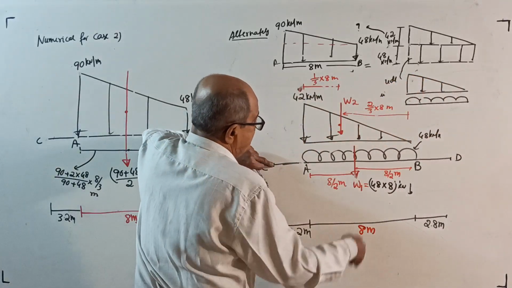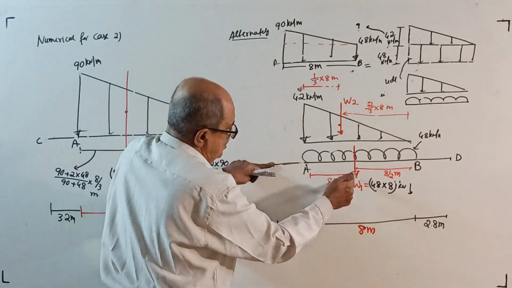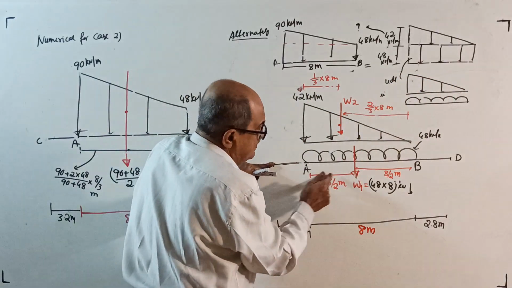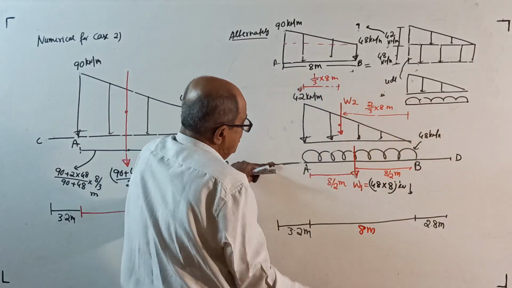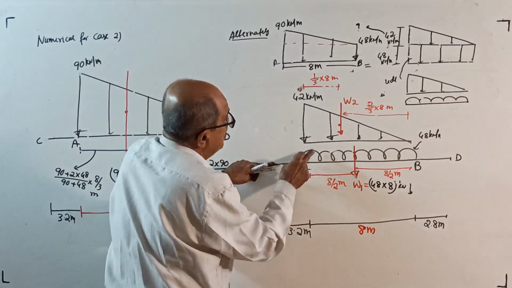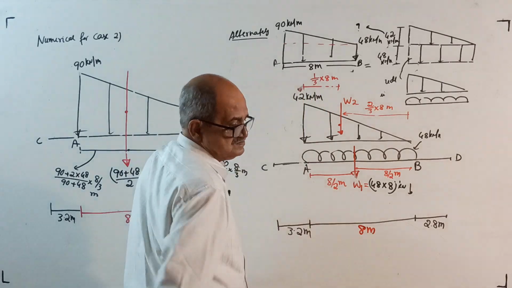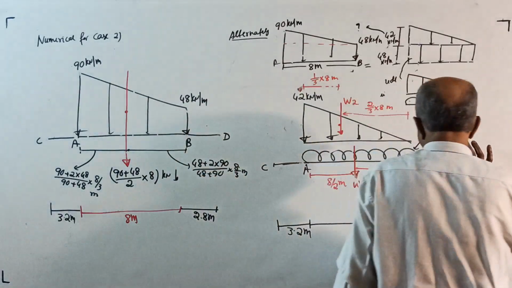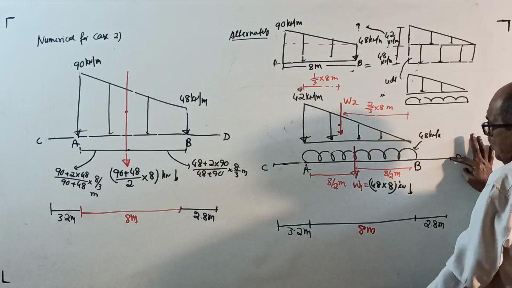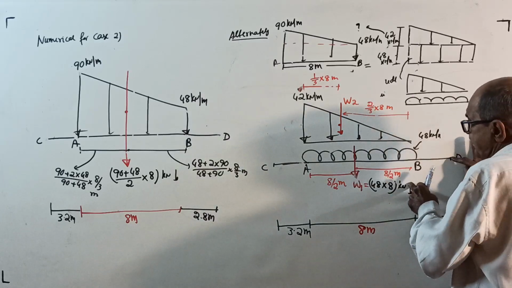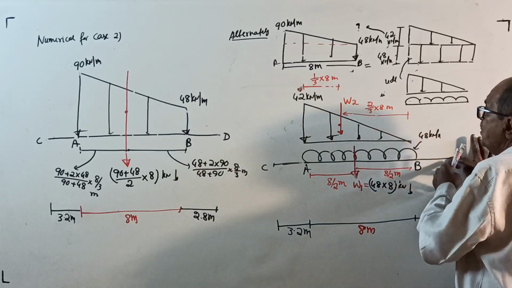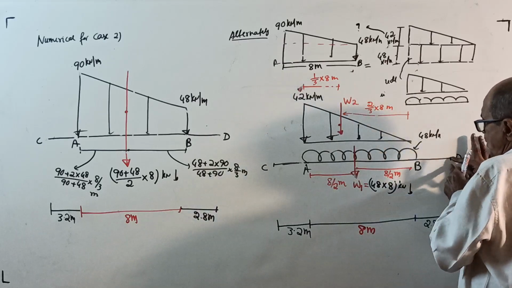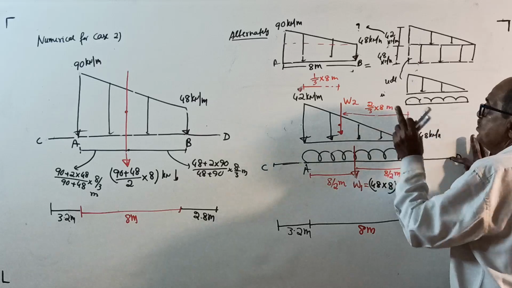Moment about C: this load into 3.2 plus 8 by 2, plus this load into 3.2 plus 1/3 of 8. Moment about D: this load into 2.8 plus 8 by 2, plus this load into 2.8 plus 2/3 of 8 meters.